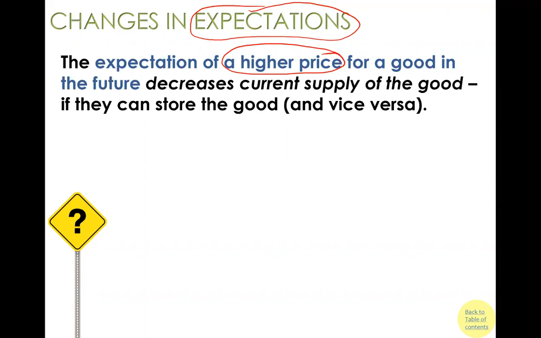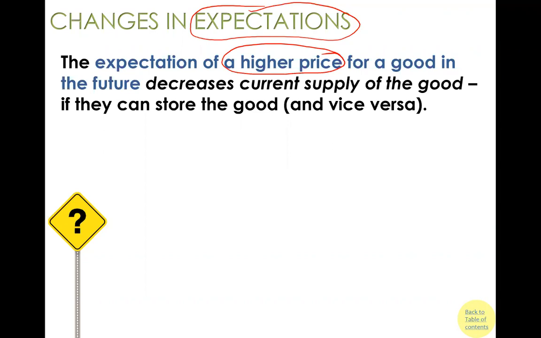And why do they want to do that? Because by holding on the supply and increasing the supply in the future, they are going to make more profit, due to the higher price in the future. So this is quite opposite to the expectation on demand, right?